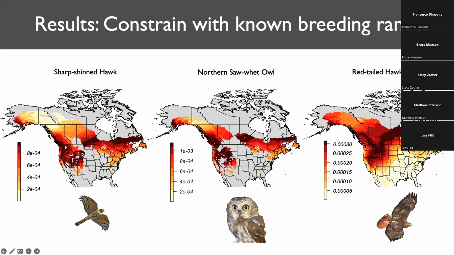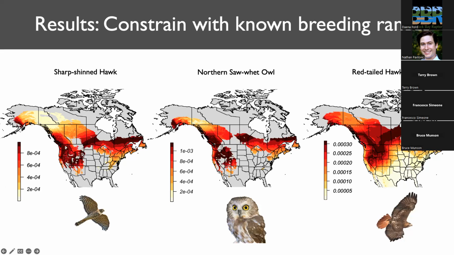From over in British Columbia, we have 2 band returns, which I think is just incredible for a saw-whet owl to move those kinds of distances. So it's hard to eliminate any of these regions in here, but probably the majority of the birds that we banded are coming from this region up into Canada.